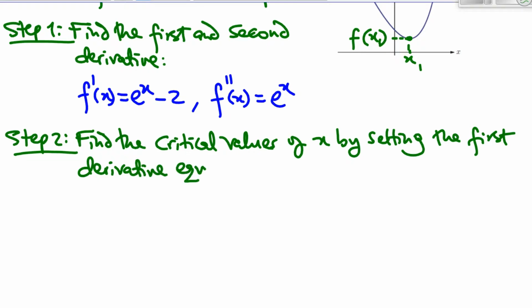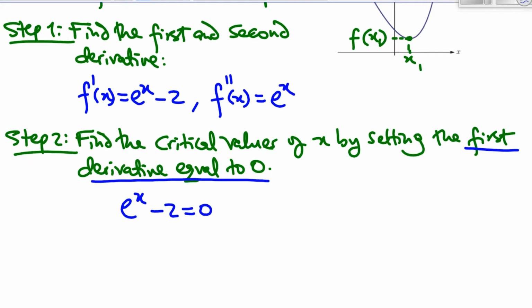Which means we need to take our first derivative and equate it to 0, which is e^x − 2 = 0, which means e^x = 2.